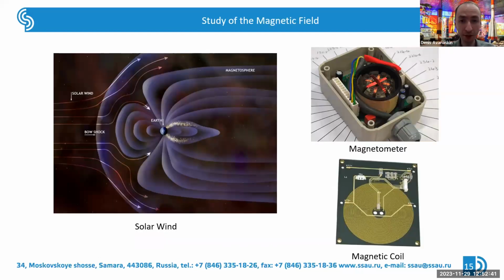And the next scientific tasks that we can solve, we can measure the magnetic field of our Earth.